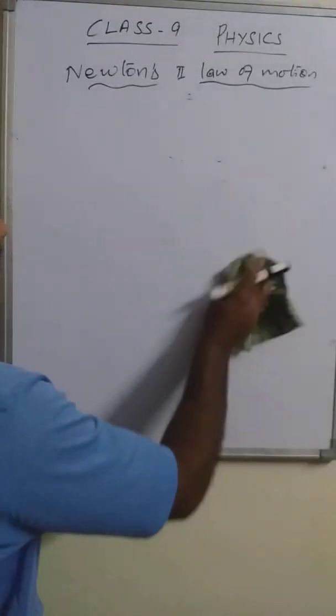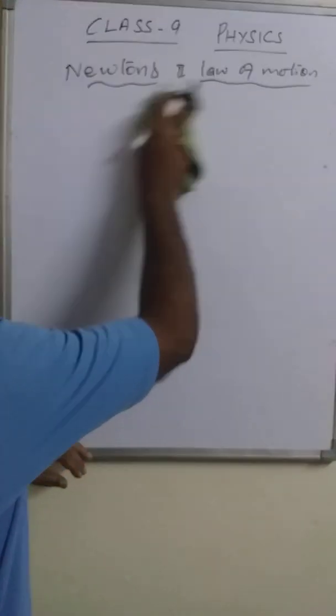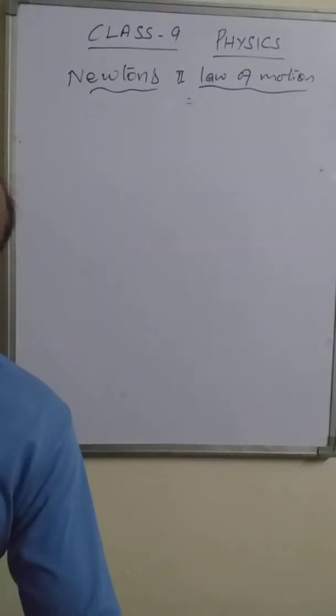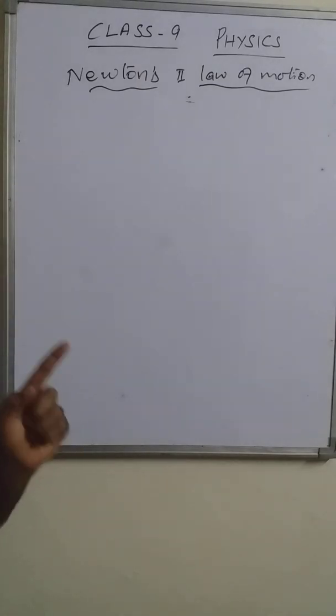Velocity SI unit is meter per second. Acceleration SI unit is meter per second square. Mass SI unit is kilogram. Time SI unit is seconds. Here the force also has an SI unit.